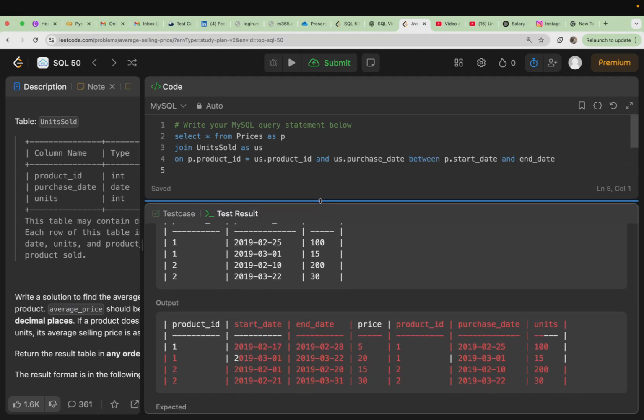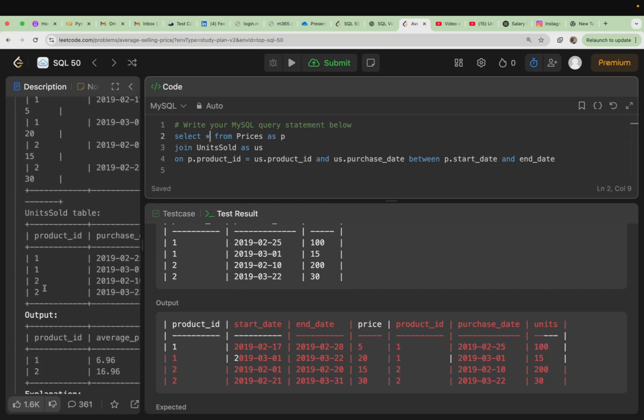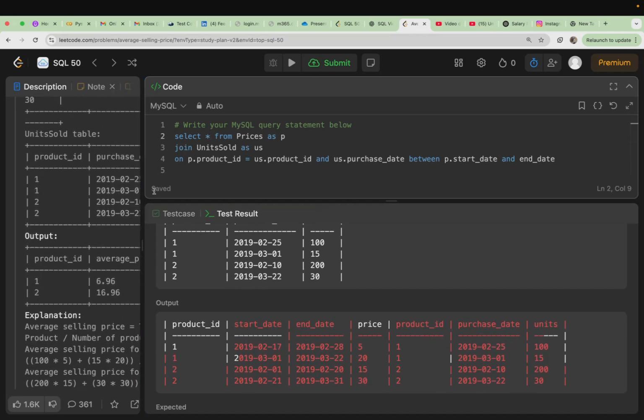Now let's modify our query. So instead of star, let's see what columns we need. We need the product ID. Okay, the product ID should be from the units sold table because that is the purchase table. US dot product ID.